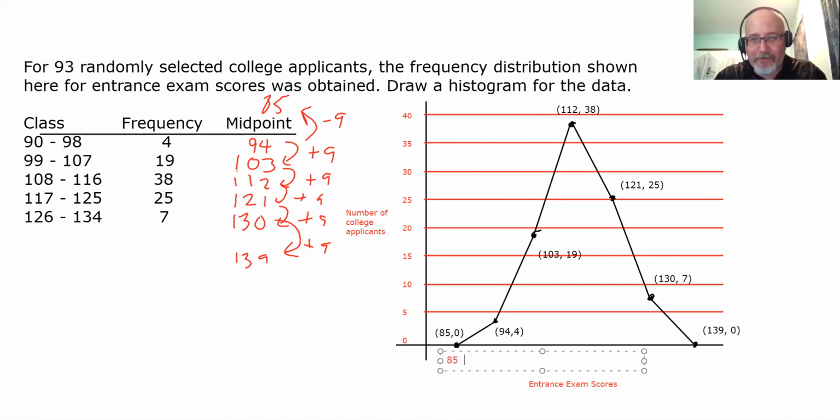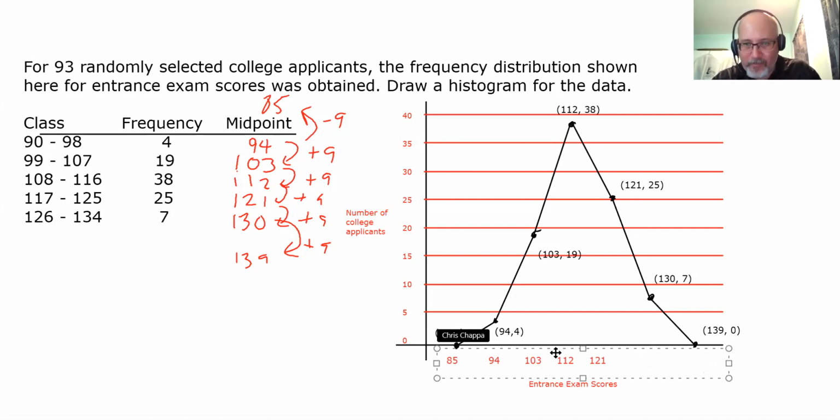So 85, 94. It's not wrong to leave the lower limits down there, but if we're only counting midpoints, then why are we not just using those? I know what some of you are thinking, just show me what to do in the homework.